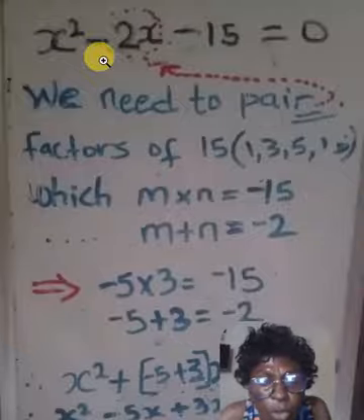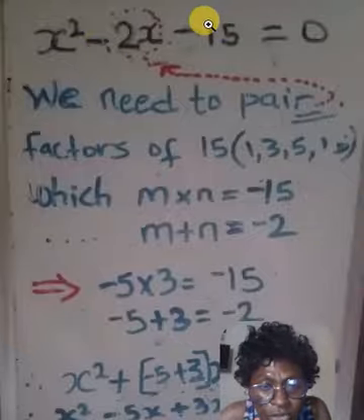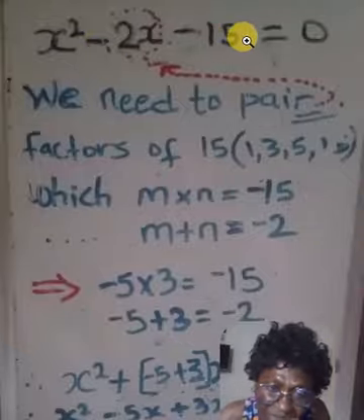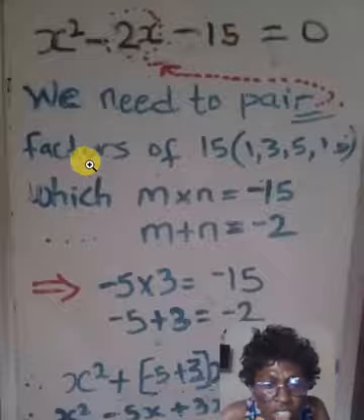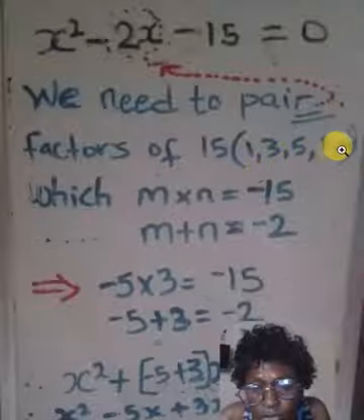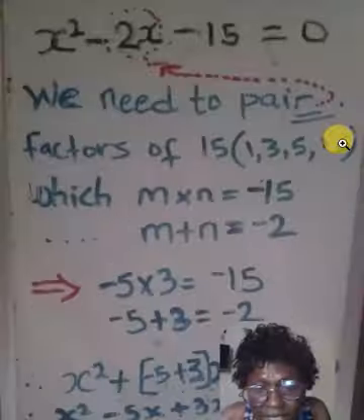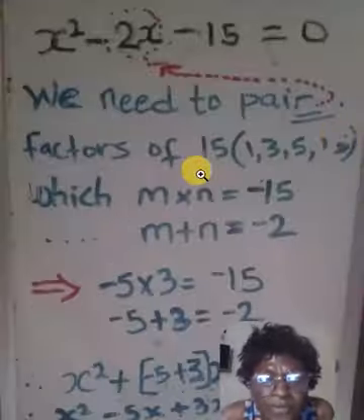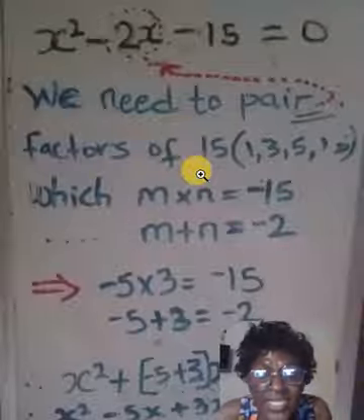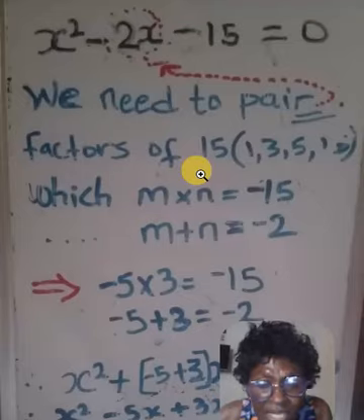So the first thing we want to do is find the factors of 15, which are 1, 3, 5, and also 15. The factors of 15 are numbers that divide 15 without a remainder.